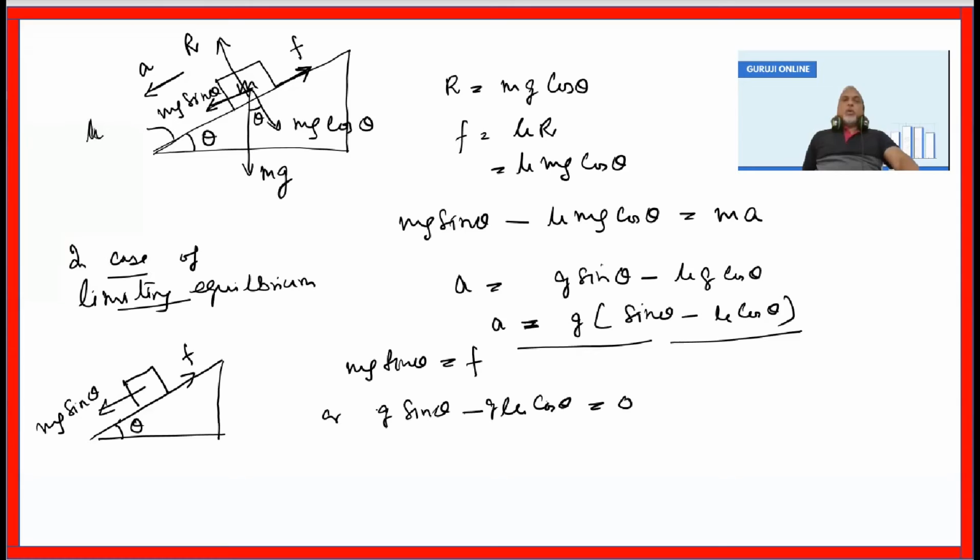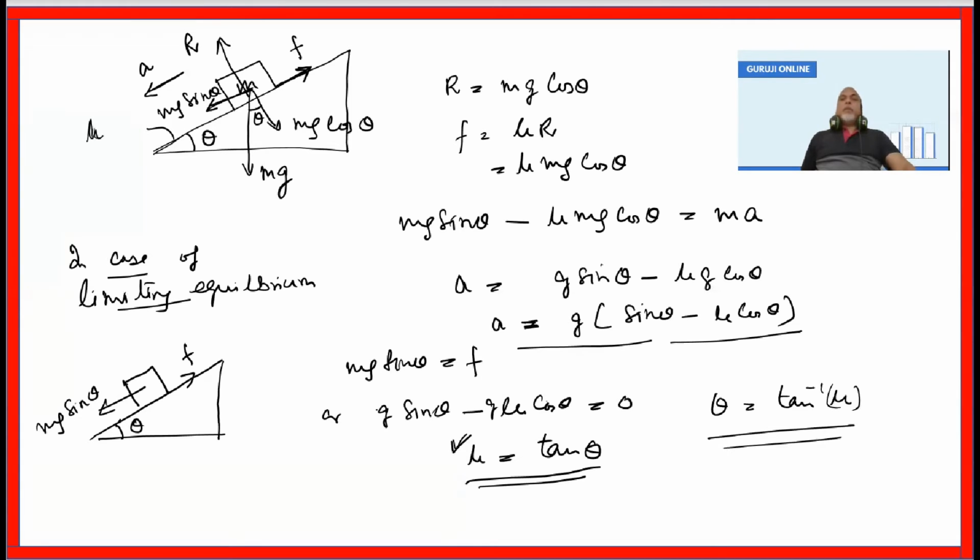If we equate it to 0, then your mu will be nothing but tan theta. That means this is constant for any surface, mu. So you can find out the angle at which the block will be able to slide. Correct? So this is the angle at which it will be able to slide.